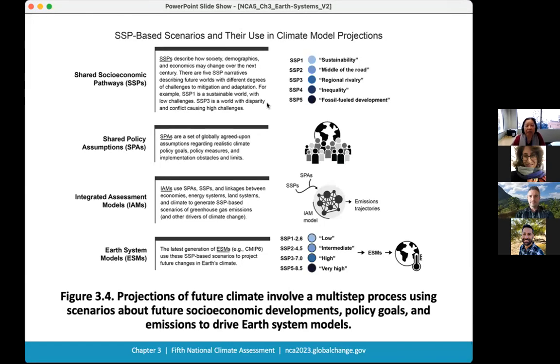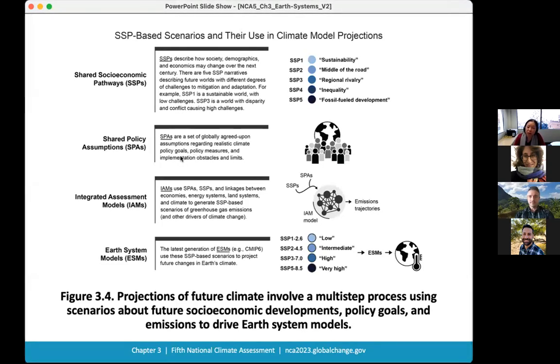After developing the shared socioeconomic pathways, we also need to consider the assumptions regarding realistic climate policy goals in terms of how we mitigate climate change. And so this would include various scenarios related to climate mitigation.